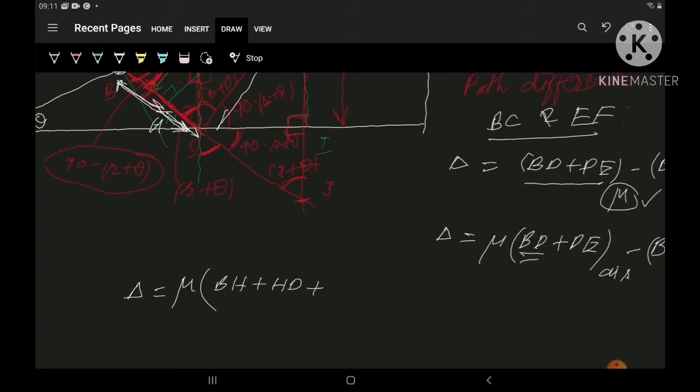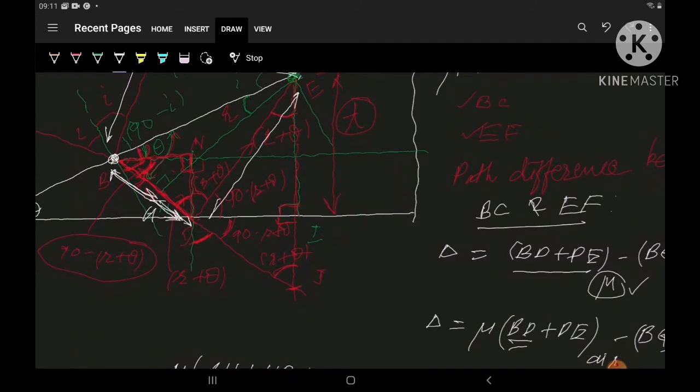Look here beta, in the figure if we consider DE, this is the distance DE.